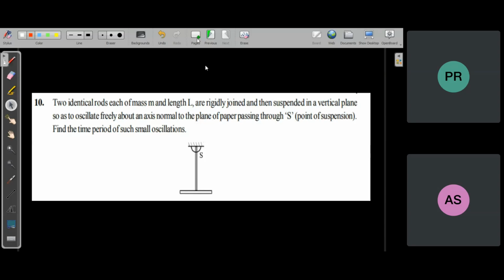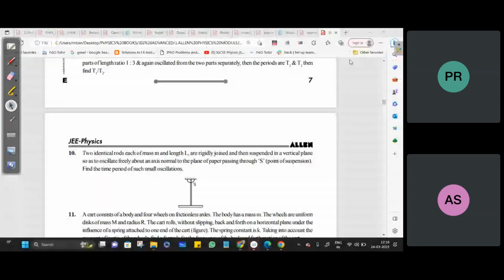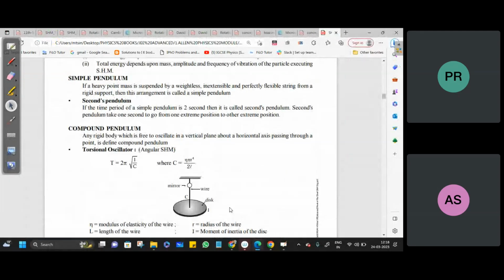So here you have to understand which type of SHM will be there, angular or linear. Angular motion. So it will be angular. So just remember the equation of the angular SHM.